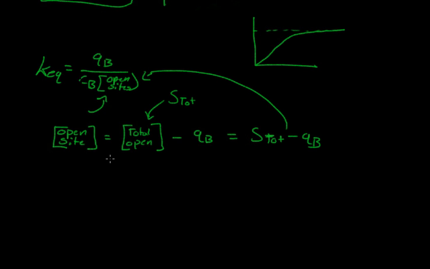And that gives us KEQ is equal to QB over CB times S tot minus QB.